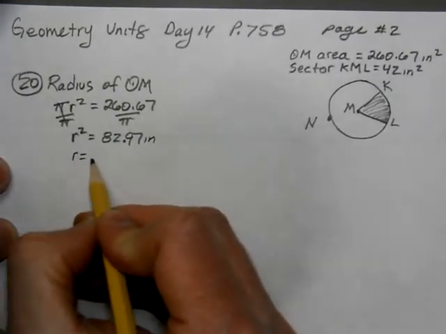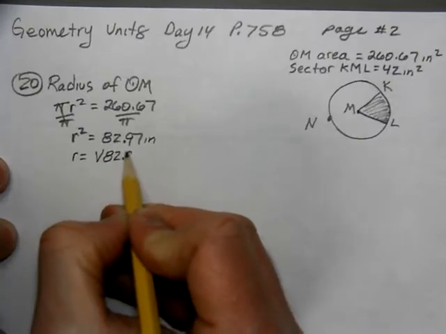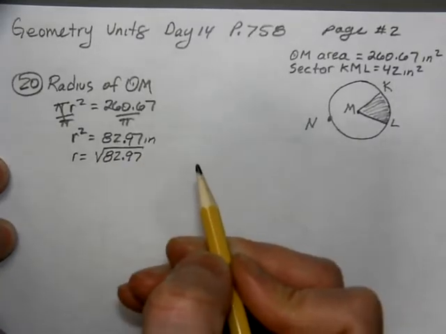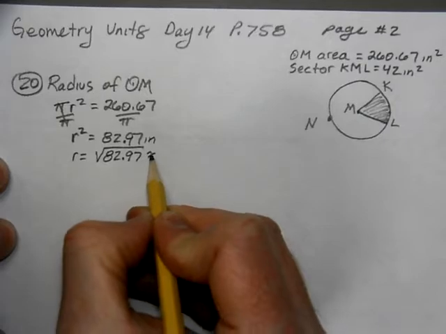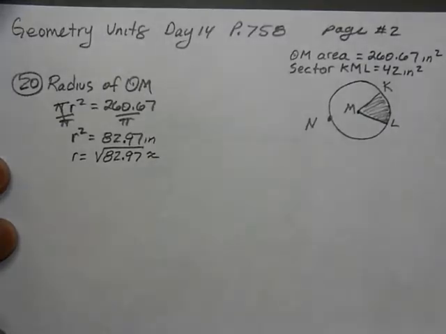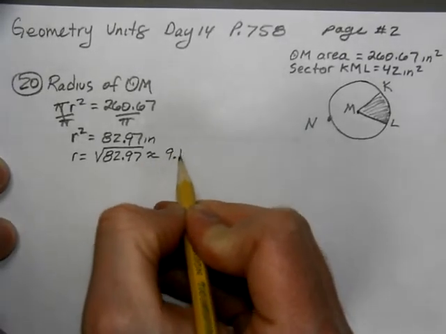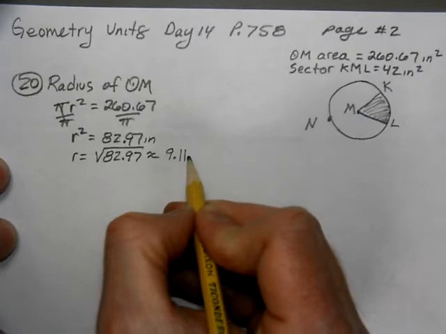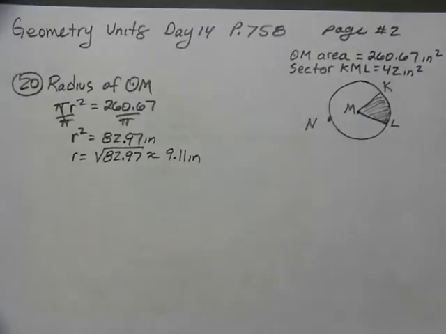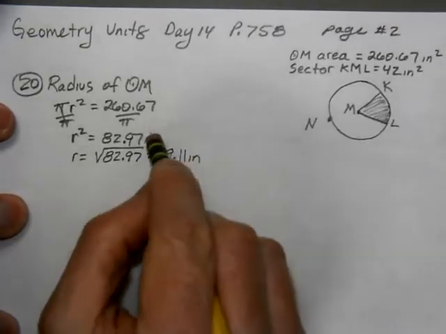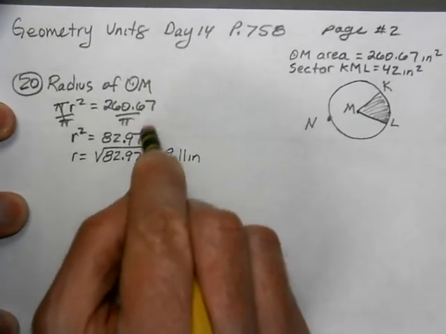So next we're going to take the square root of 82.97, and the square root of our answer comes out to be 9.11. And again, that would be a length, let's see, we wouldn't have units on this number, sorry.